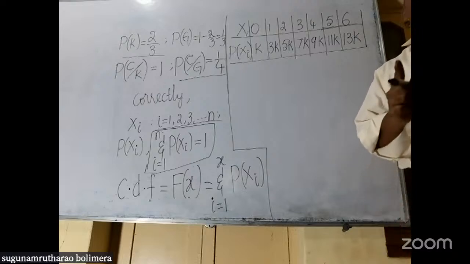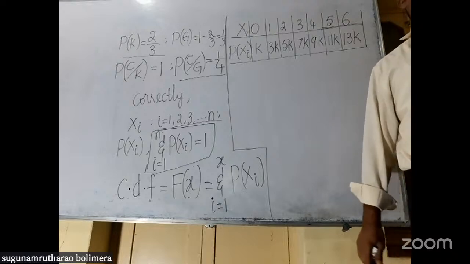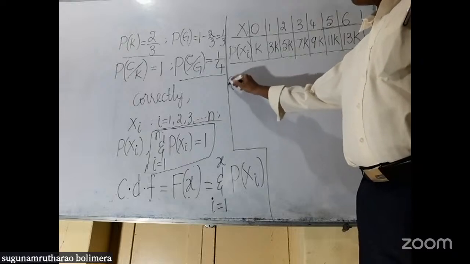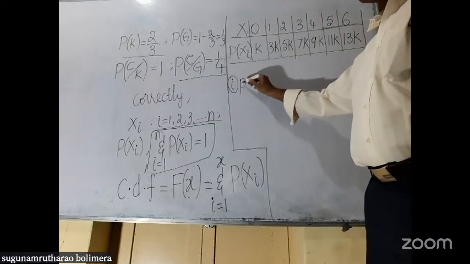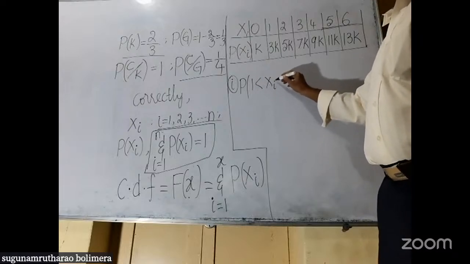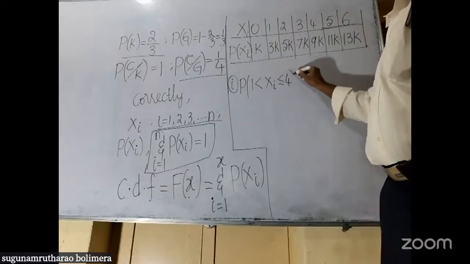I use the word probability distribution function. Now please write the question. Find P of 1 less than xi less than or equal to 4.